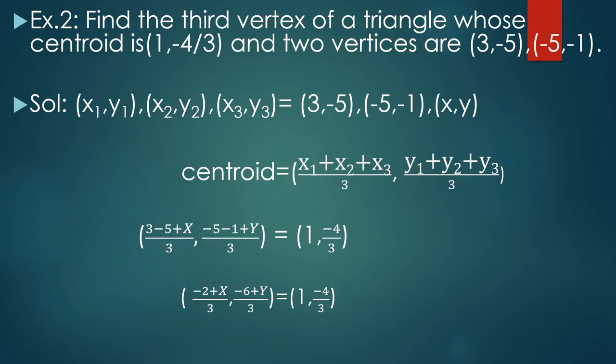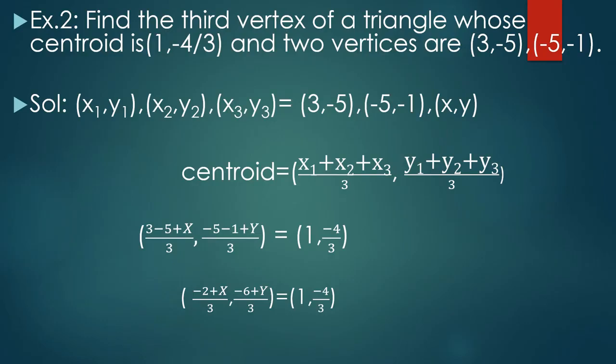So (-2 plus x) by 3, (-6 plus y) by 3 is equal to (1, -4/3). Equating the x coordinates, (-2 plus x) by 3 is equal to 1. So -2 plus x is equal to 3, and we get x is equal to 3 plus 2, that is 5.